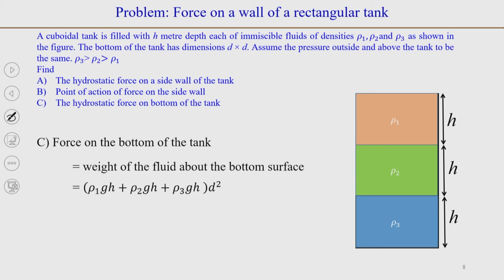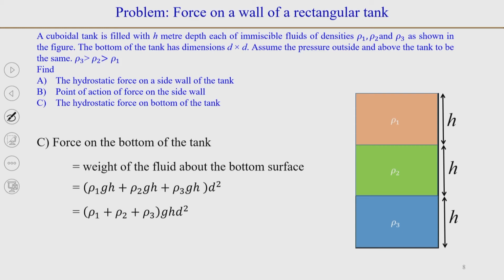So, rho 1 g h plus rho 2 g h plus rho 3 g h multiplied by the area of the bottom, which will be d into d, so d squared. Okay. So, if we take g h out from the bracket, we will get rho 1 plus rho 2 plus rho 3 within the bracket multiplied by g h d squared.